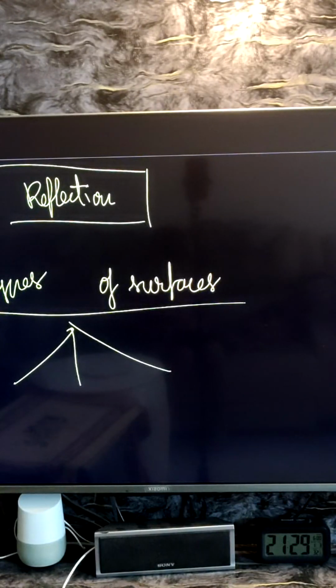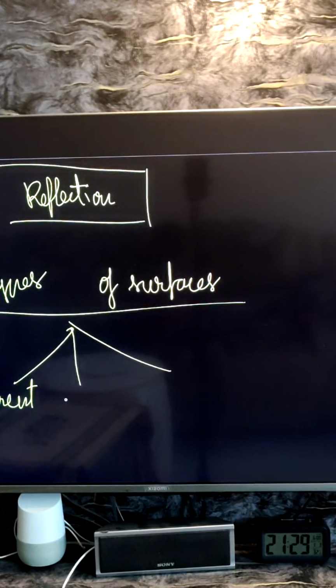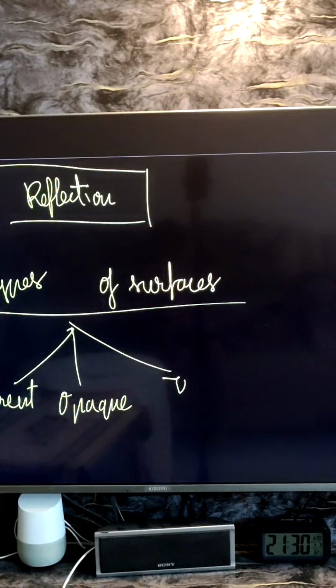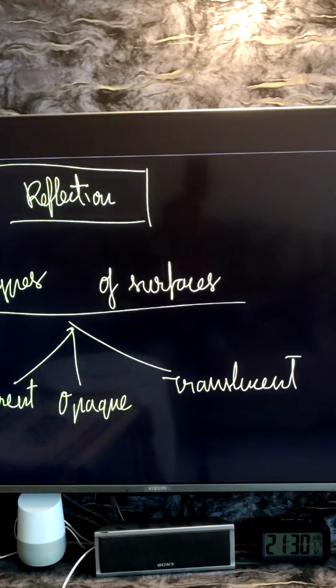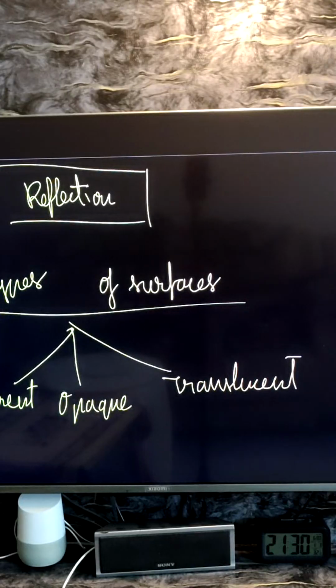We can say transparent, opaque, and translucent. Many people say a mirror is another type, but since it doesn't allow any light to pass through, we can just say it's opaque.